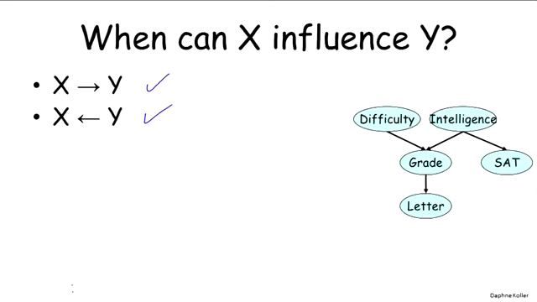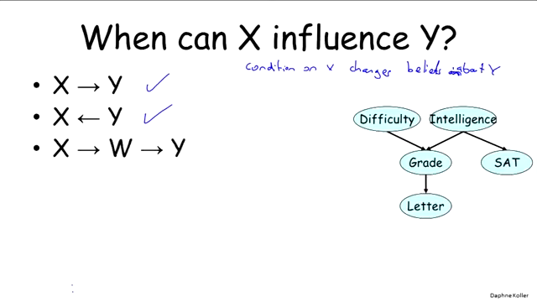Influence means beliefs about Y. More interesting are the cases where we have indirect influence between X and Y. So let's consider a case where there's an intervening variable W, and let's think about whether X can influence Y via W. The first case is a causal chain, for example, the one going from difficulty to letter via grade.